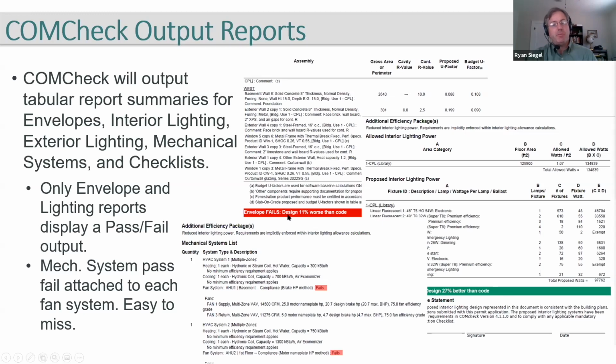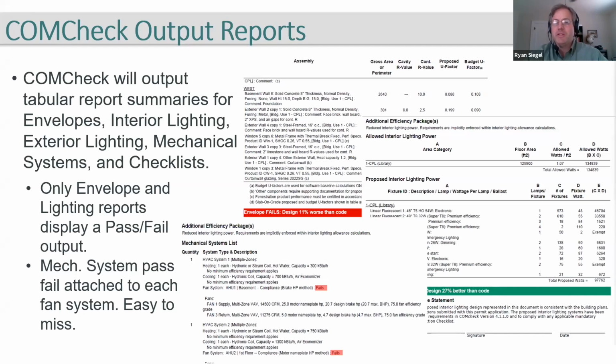You know, 11% worse than code, that's obviously not good, but if I see a design and it says it's 5% better than code or 10% better, okay, that's understandable. If I saw here interior lighting power 30% better, that's not that unusual or uncommon.